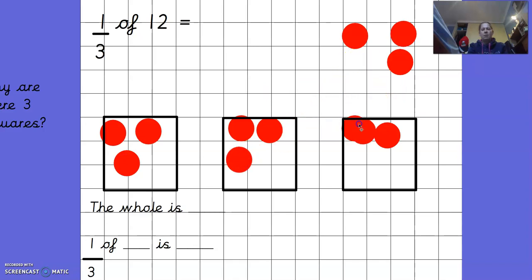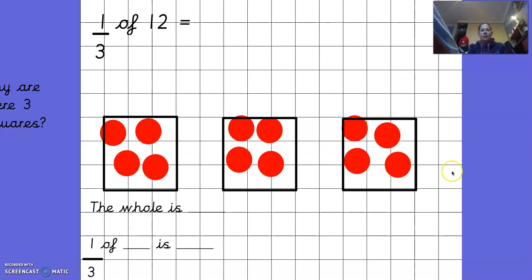Here we go, look. Have we got enough room in our squares? So 1/3 of 12 is 1, 2, 3, 4. 1/3 of 12 is 4. So here at the bottom is our stem sentence. It says the whole is 12 and 1/3 of 12 is 4.